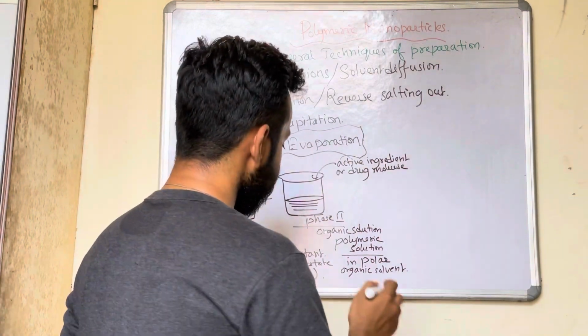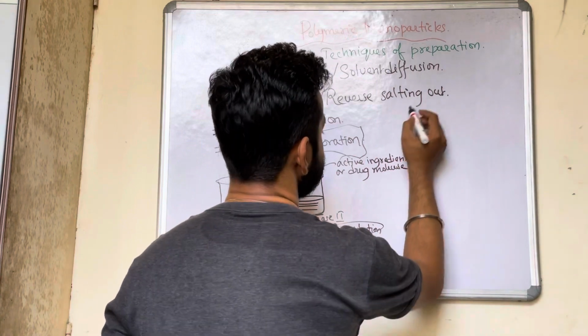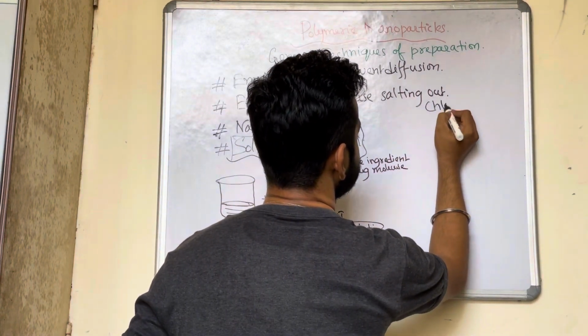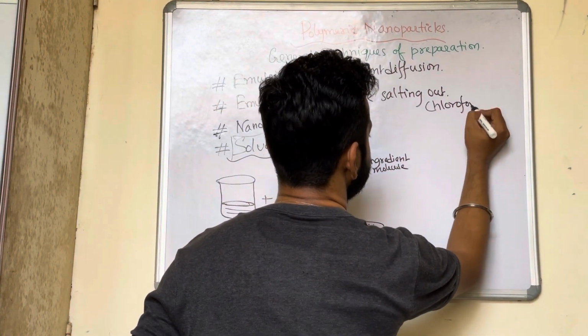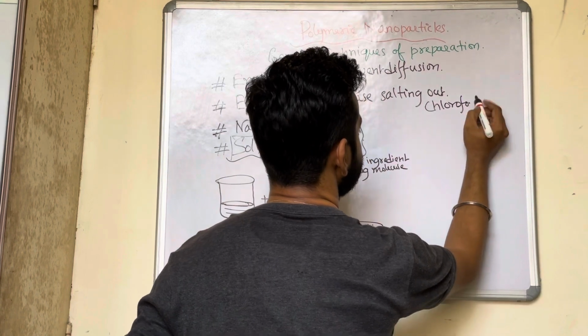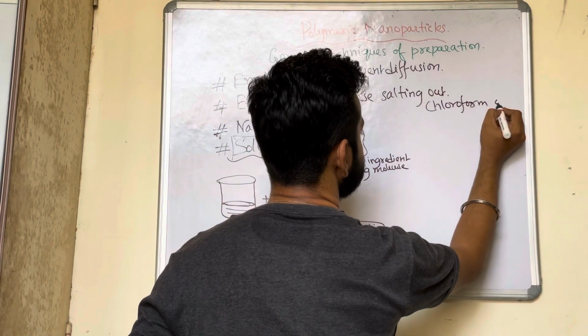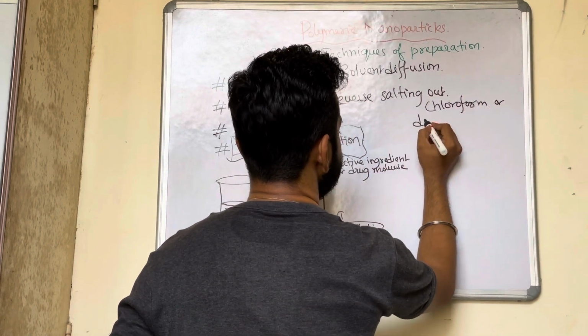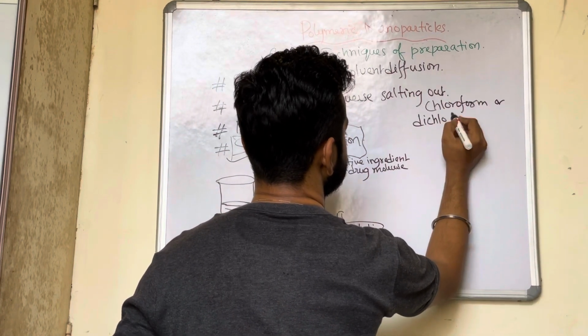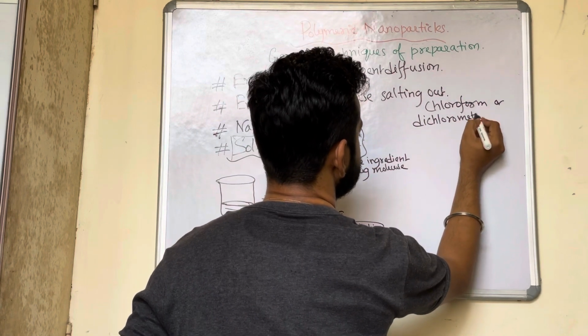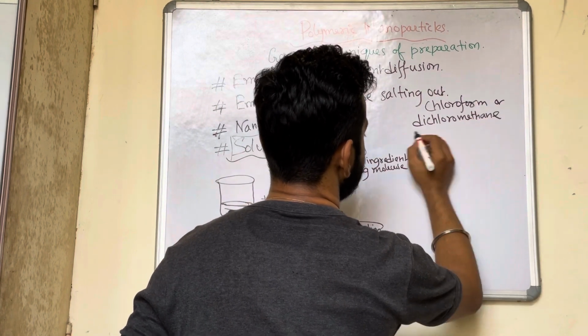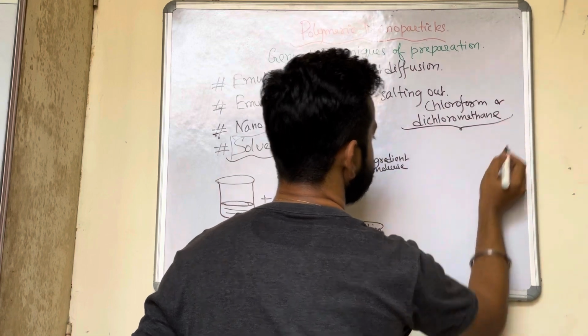So these organic solvents can be chloroform or dichloromethane, which were most frequently used.